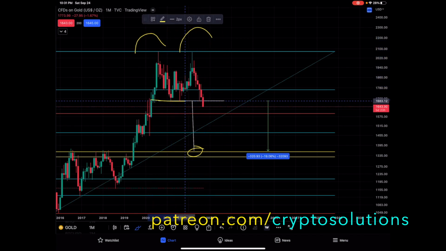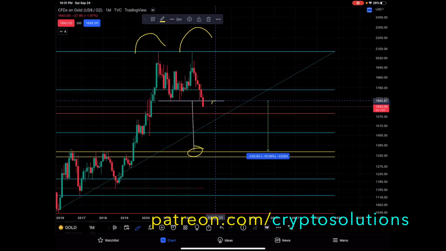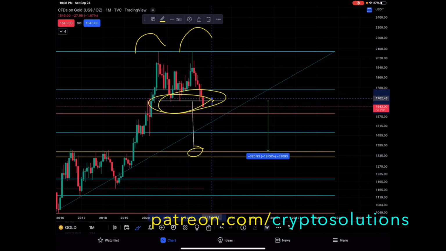If the gold price closes a monthly body candle below this range of around $1,684.87, then expect the gold price to continue going lower.